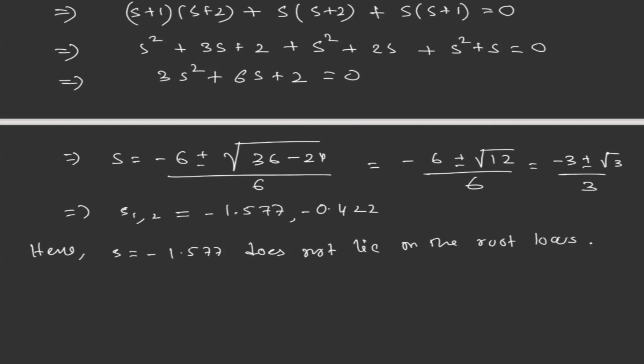Hence, this is very clear because the centroid of the asymptotes will have one. I'll show this after some time.